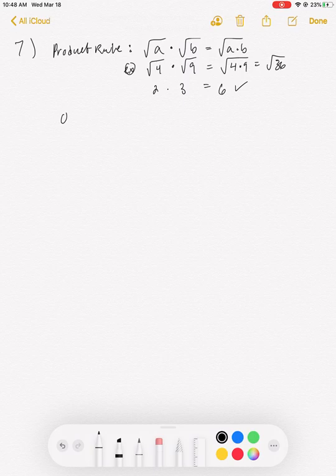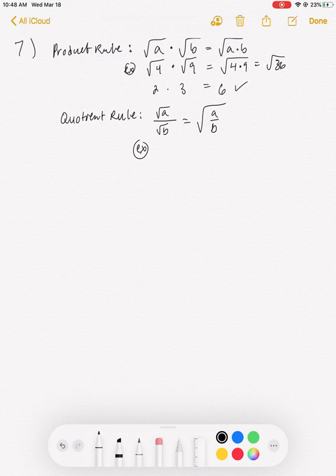The other part is the quotient rule. The quotient rule is just like the product rule, but with division. We're going to have the square root of a number in the numerator, the square root of another number in the denominator, and that's equal to the square root of them as a rational number, a fraction, A over B. So this is the rule, and I'm going to give you an example where one divided by the other is a nice number.